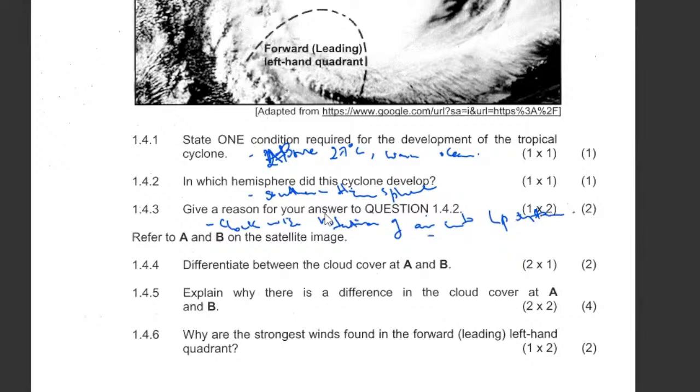Then you can also look at condition number two, the position of the dangerous quadrant. Any one, because it is 2 marks, one answer.